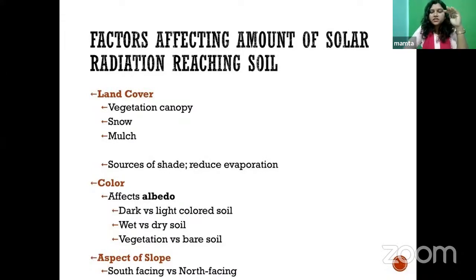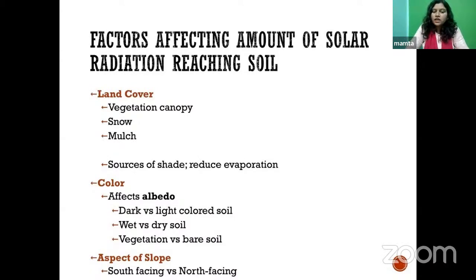These all affect the soil radiation because they absorb. If there is vegetation or canopy, the larger the canopy, the more it will absorb the solar radiation at the canopy, so those solar radiations cannot penetrate and will not reach the soil surface, so it decreases it.